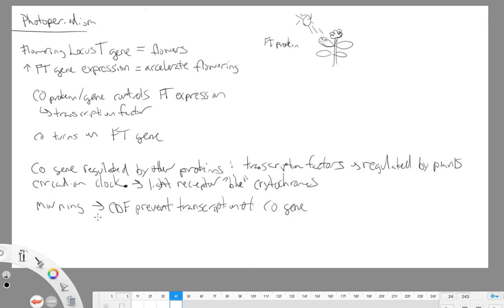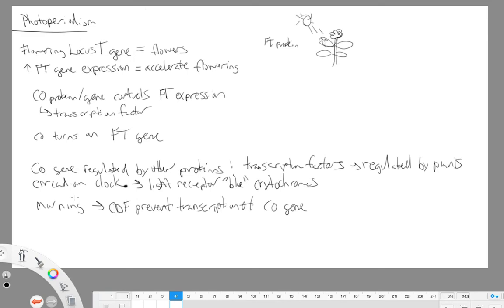Right, so these CDFs that are produced in the morning prevent the transcription of the CO gene. So they turn this off. So when the CO gene is off, it's not producing this CO protein. That CO protein is not then able to turn on the FT gene, and we're not getting this FT protein. That's going to result in flowers. Right?